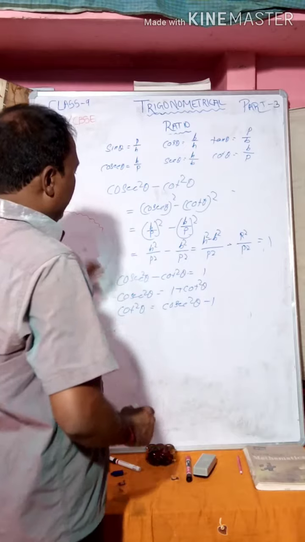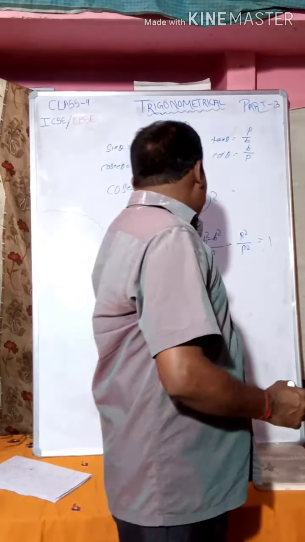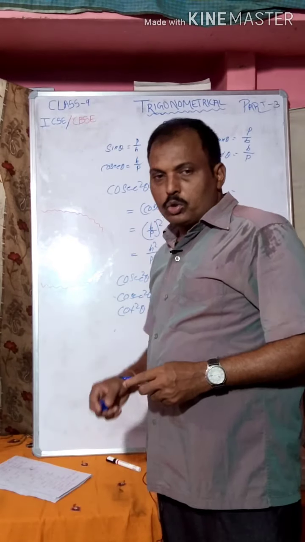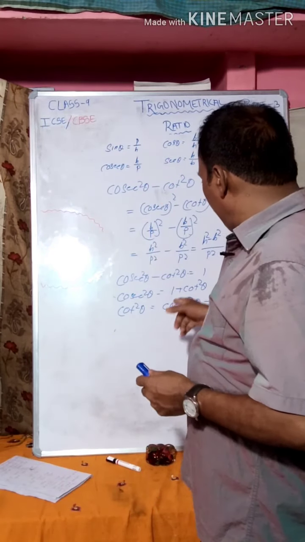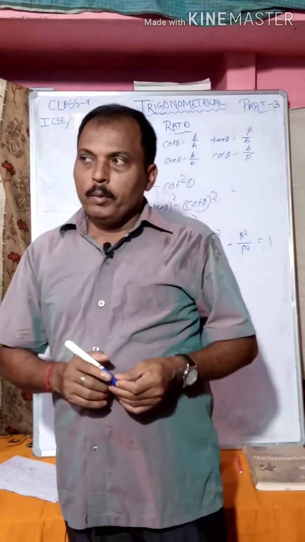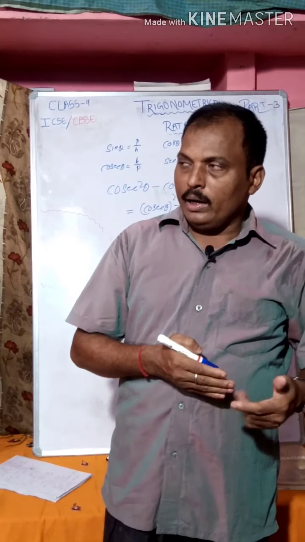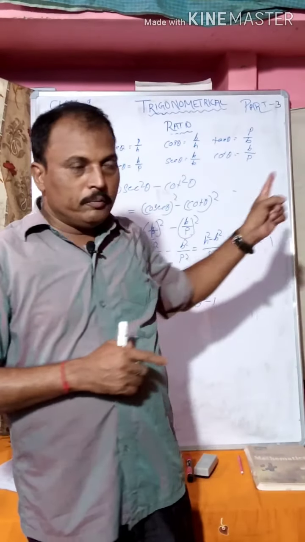And you can write the square root: cosec theta is equal to square root of 1 plus cot square theta, and cot theta is equal to square root of cosec square theta minus 1. So you should remember the formula, and by logical proof.